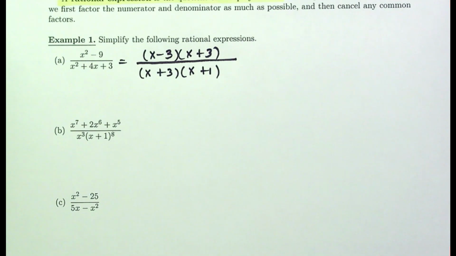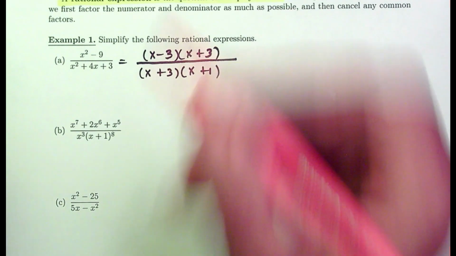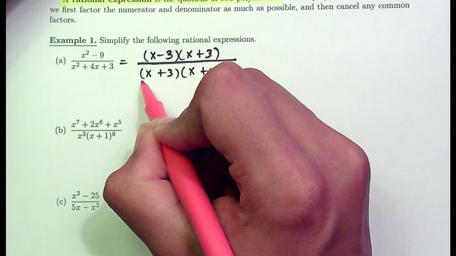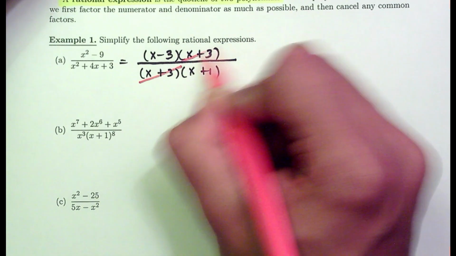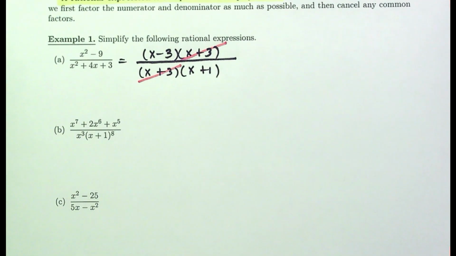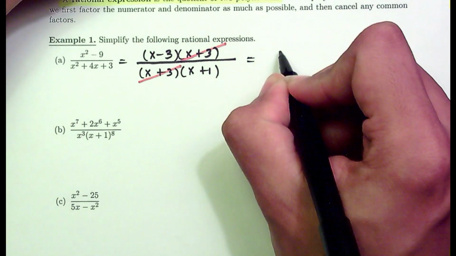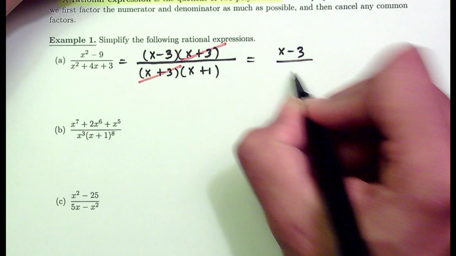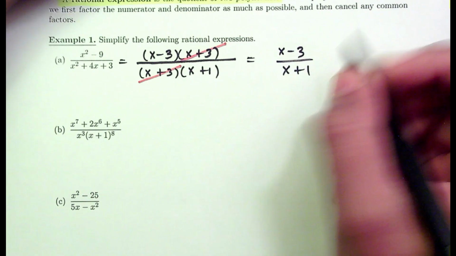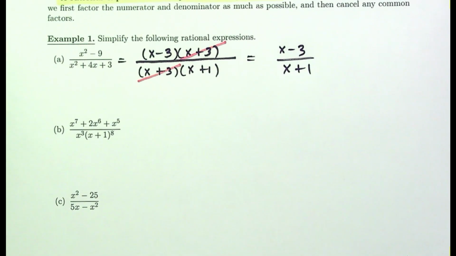So I'm going to cancel this x plus 3, which is repeated, one from the top with one from the bottom. And then once you cancel all the common factors, whatever remains is the answer. So this is going to be x minus 3 over x plus 1. And that's all.